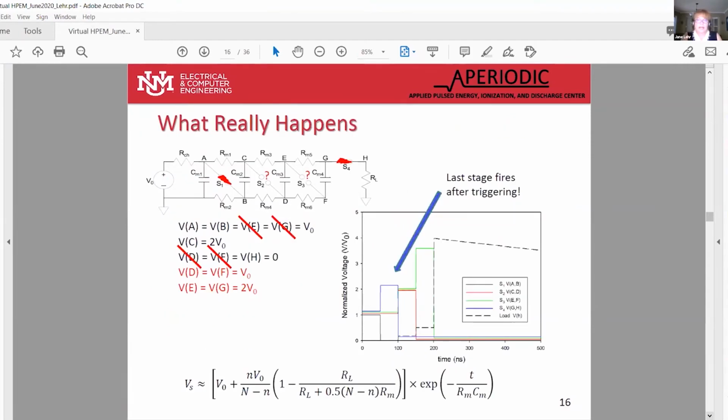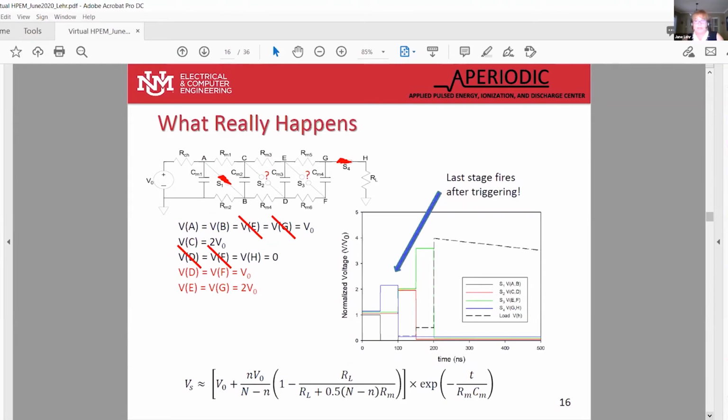So this is a combination of analytical investigation coupled with modeling. PSpice, even for relatively simple circuits like this, is really powerful. We also used a spark gap model that we developed and validated with experimental data. So we're very confident about these.